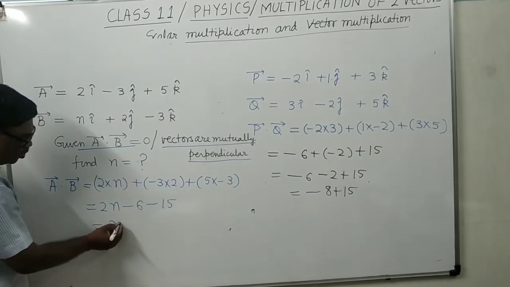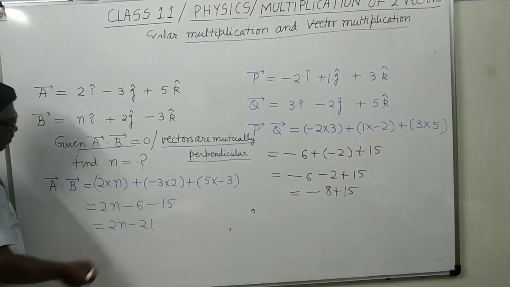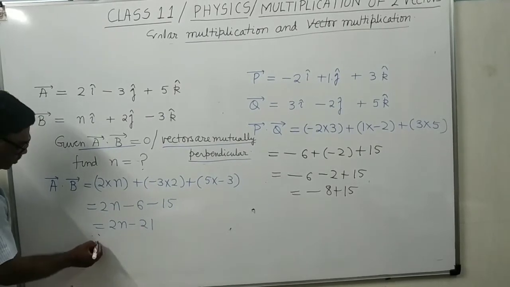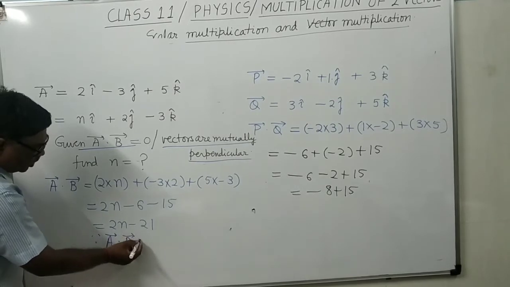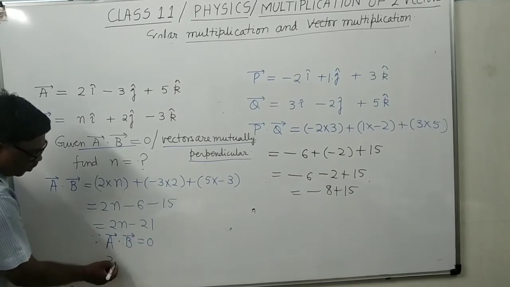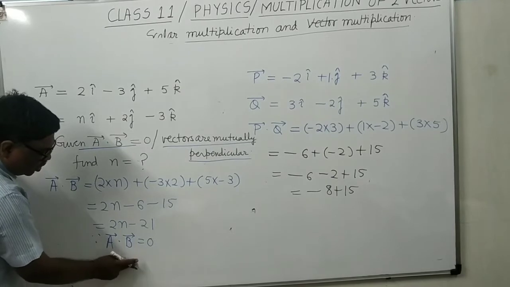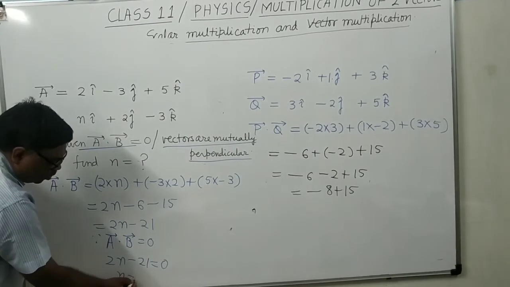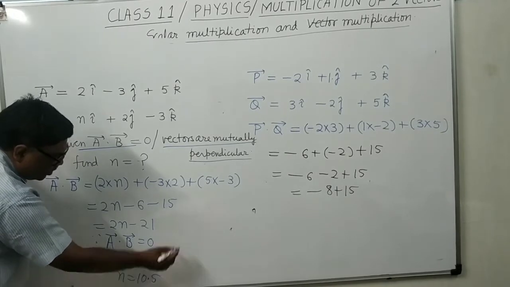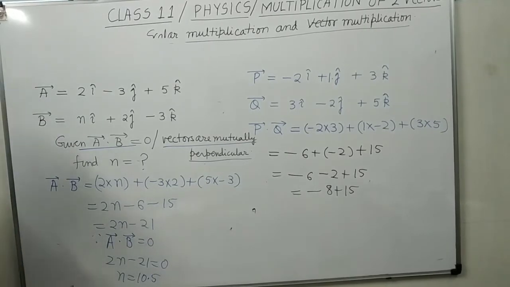That is equal to 2n minus 21. It is clear. Since vector A dot vector B equals 0, therefore 2n minus 21 equals 0. So n equals 10.5. This way you can calculate.